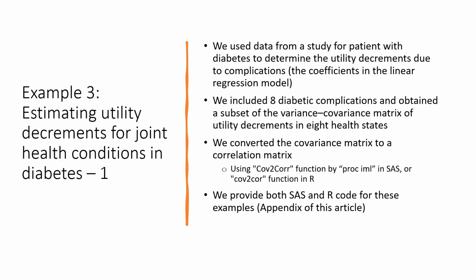I will illustrate how to incorporate the correlations of the coefficients in the linear regression model for utilities in example 3. We included 8 diabetic complications and obtained a subset of the variance-covariance matrix of utility decrements in 8 health states. We converted the covariance matrix to a correlation matrix.